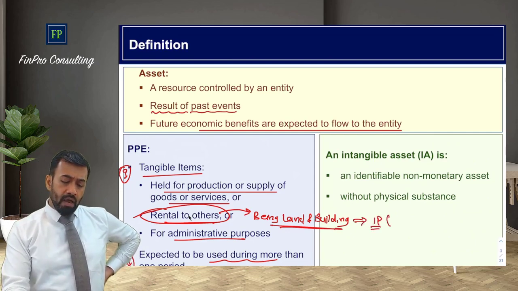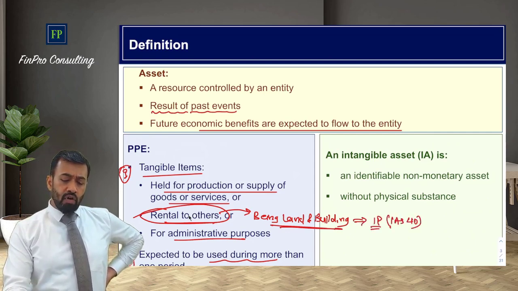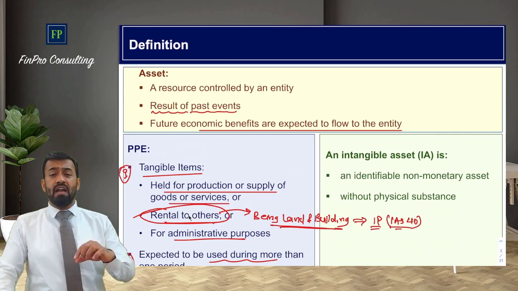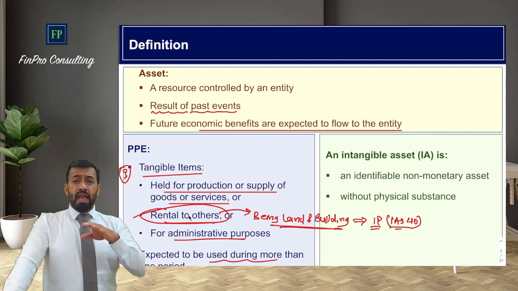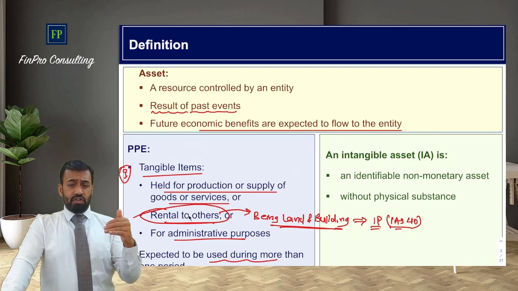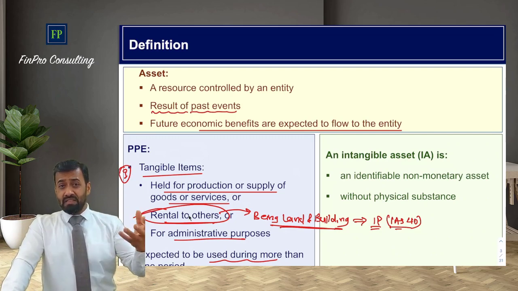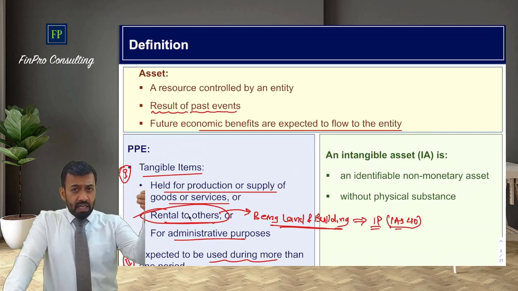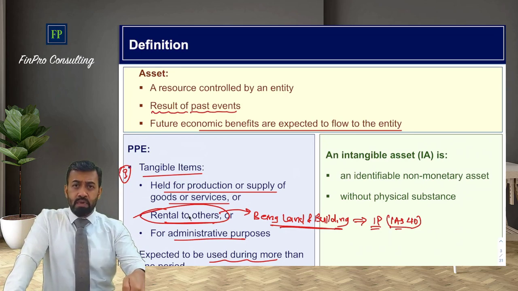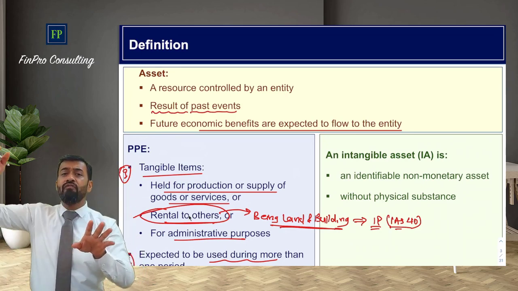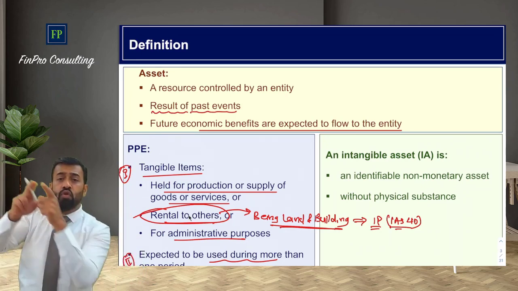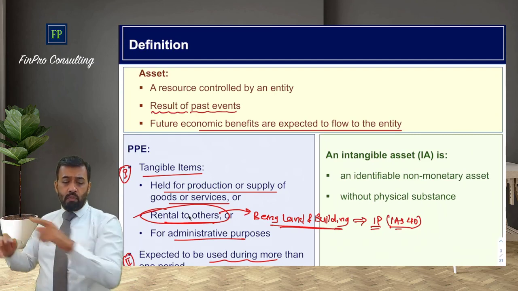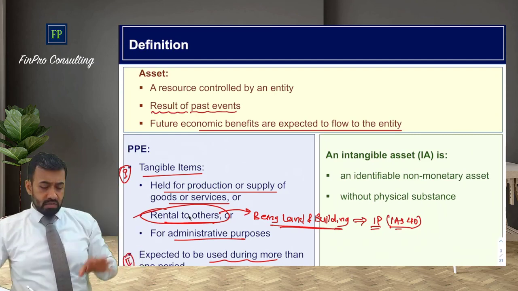We will apply IAS 40 for that. We will not apply IAS 16 for such land and building held for rentals. Any other tangible asset like plant and machinery, cars, and other vehicles held for rental purposes will still be considered as PPE, but land and building held for rentals will not be considered as PPE. Those will be considered as investment property. This point is important. You have to remember this.